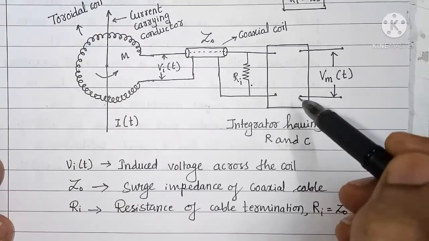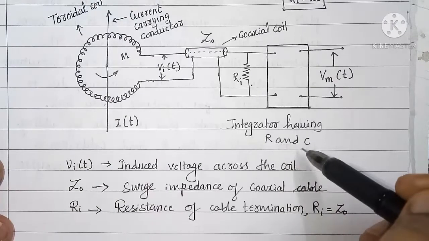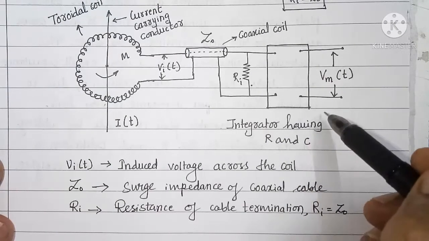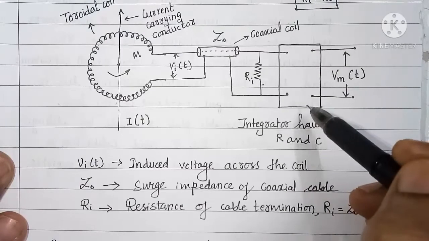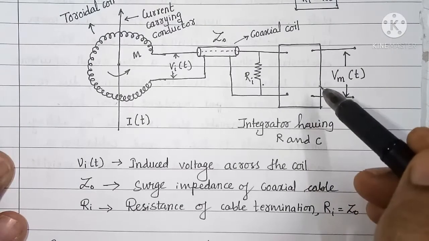Here I said integrating circuit is having R and C components, but it may be op-amp integrator also.